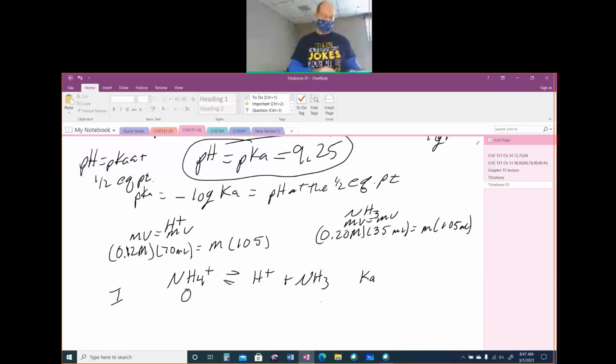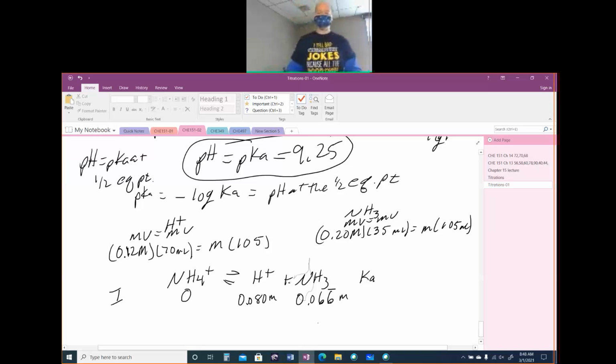The 0.2 times the 35 divided by the 105 is 0.06 repeating, and it should be 2 sig figs, but I usually round at the end. Then my H plus concentration, 0.12 times 70 divided by 105, is a perfect 0.08. So that is our concentrations.